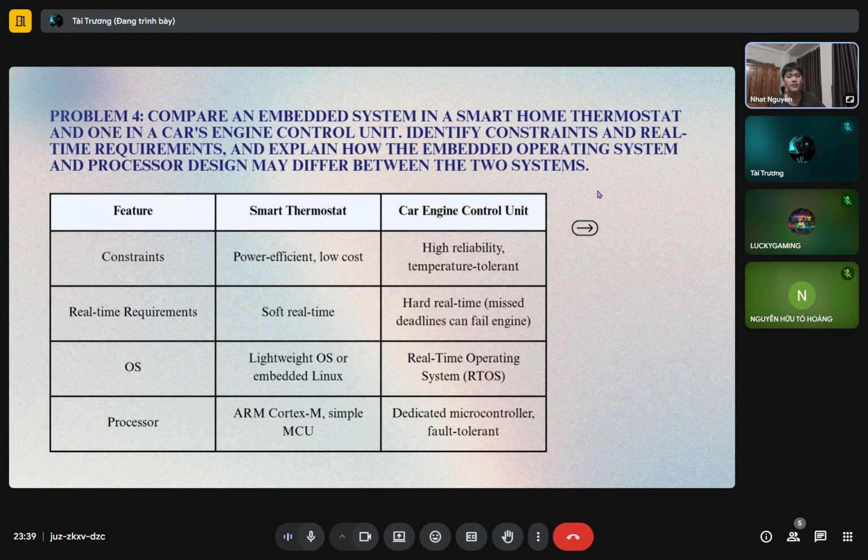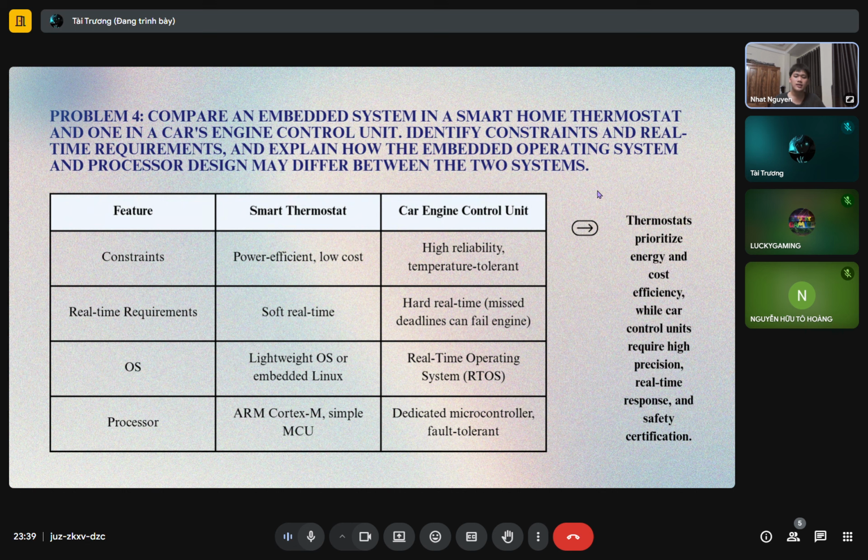The smart home system has soft real-time requirements; the processor must be power efficient and low cost, with a lightweight OS or embedded Linux, such as an ARM Cortex-M simple MCU.